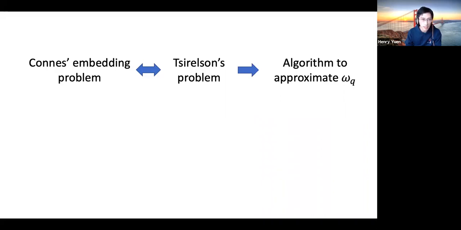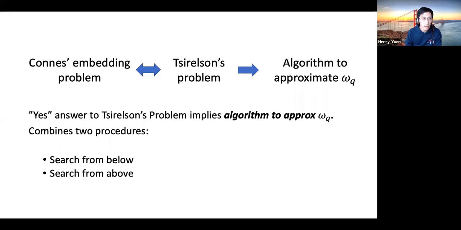Okay, so that's the connection. So, if the Connes embedding conjecture were true, then Tsirelson's problem would be true. Then this supposed algorithm has two procedures, one called search from below and one called search from above. And so I'll describe those two next.